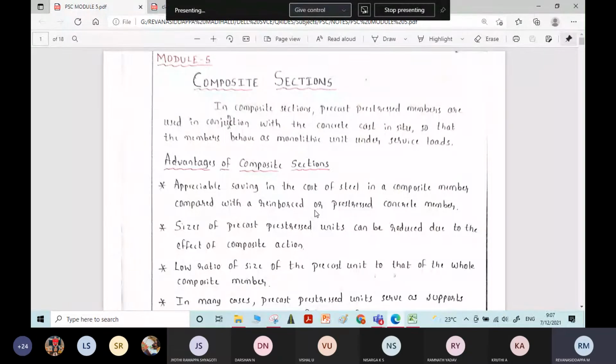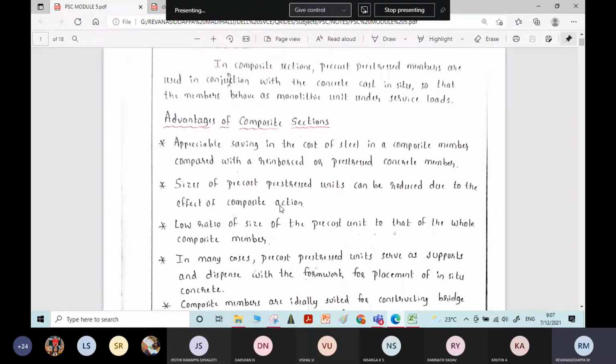Over that precast element, if you place the cast in situ concrete for the purpose of casting the slab, then it becomes a composite member. 99% of bridges will be constructed with this technology only, the composite sections. And these composite sections have some advantages compared to normal RCC or pure PSC construction.